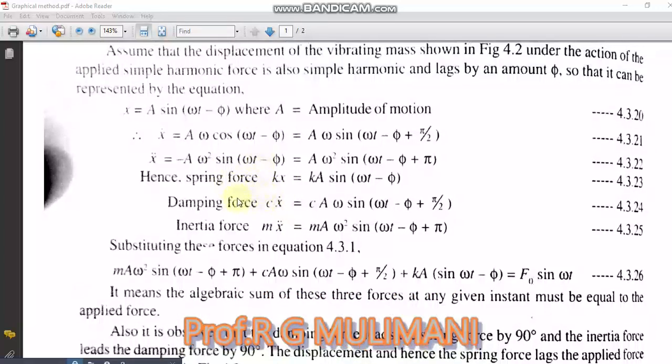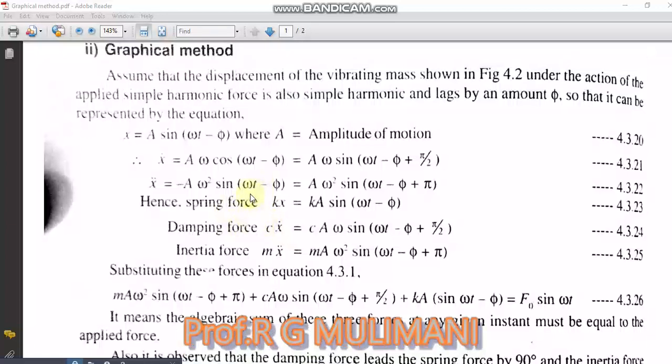Now let us find the forces. There are four forces. One is the impressed force, that is F naught sine omega t, and the other three forces are the spring force, damping force, and the inertia force. We already know that the spring force is k x. Substituting the value of the displacement component, it is k A sine(omega t minus phi).